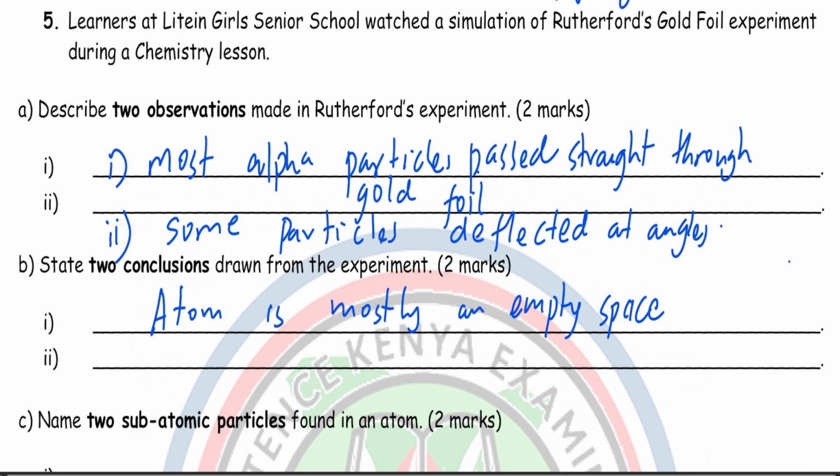The second conclusion, he said that since some particles bounce back, it means they bounce back because there is a nucleus in the center. Remember, this is positive and the particles are also positive. That is why it bounced back. Same charges usually don't attract, they deflect.